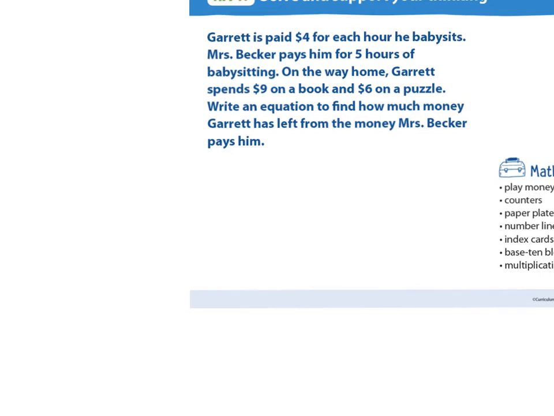All right, so if he works for 1 hour, he would get paid $4, right? If he worked 1 hour, he gets paid $4. But he doesn't work for 1 hour. Put a money sign in there. He works for 5 of them.